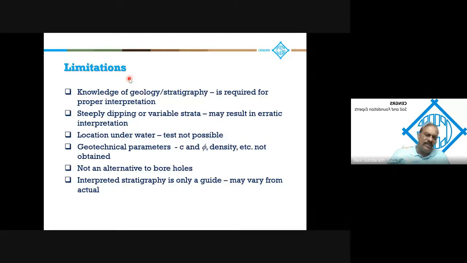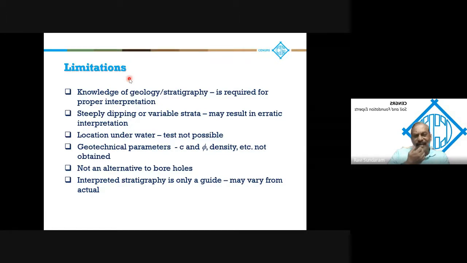You must know the geology and the stratigraphy for proper interpretation. The resistivity test cannot be used on its own. With steeply dipping or variable strata, there could be erratic interpretations. Of course, if the location is underwater, like for bridges and all, then it may not be feasible.